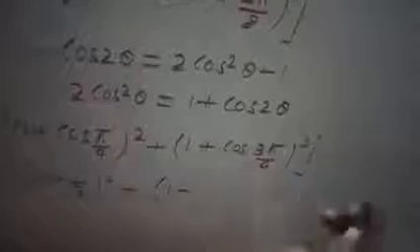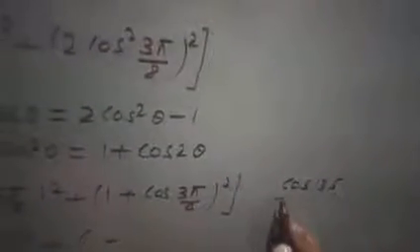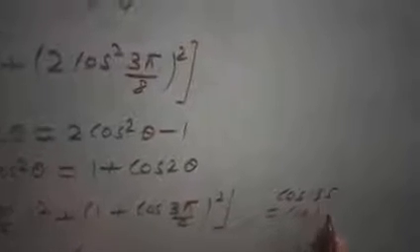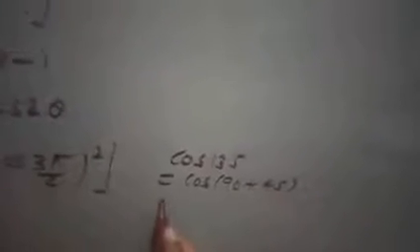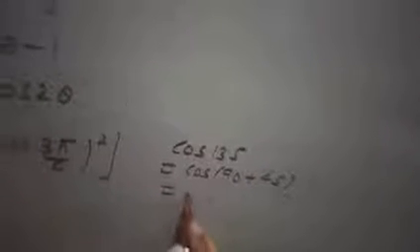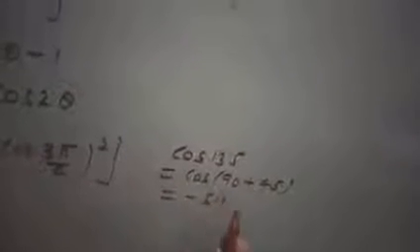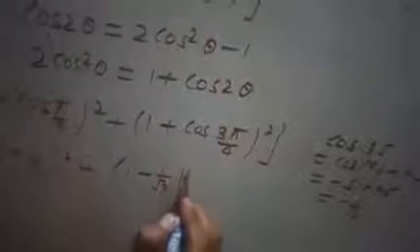45, 3 is 135. So if we see, cos 135 can be written as cos 90 plus 45, and cos 90 plus theta is minus sin theta, so sin 45, and that is minus 1 by root 2. So here I will write 1 by root 2 whole square.